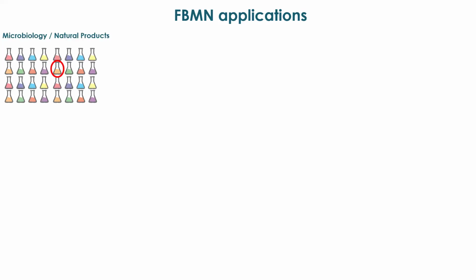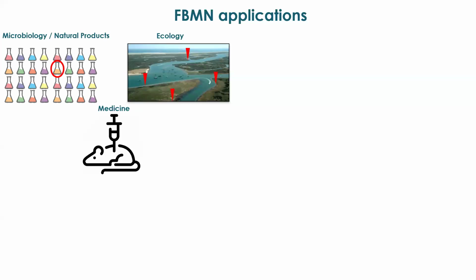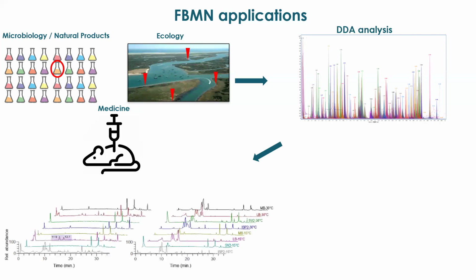Now I will show you some of the feature-based molecular networking applications that are actually available. Of course, it's widely used in microbiology and the natural products field, which I come from, and in ecology and medicine, where you obtain very complex data and try to figure out what changes in different conditions. With all the profiles, it's really complex.